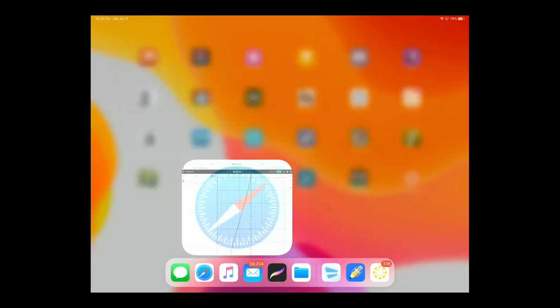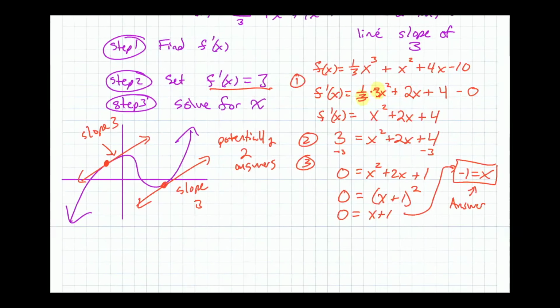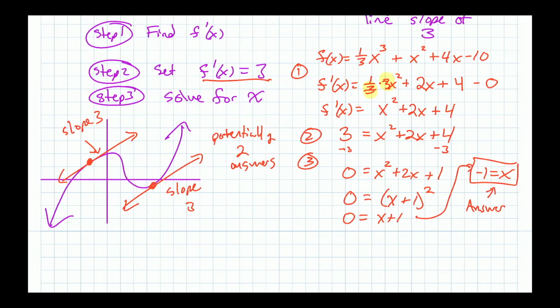So what we did over here was we found that there was one answer here. This can't be right. Hold on. Okay, so that's obviously going to be x squared plus 2x plus 4.